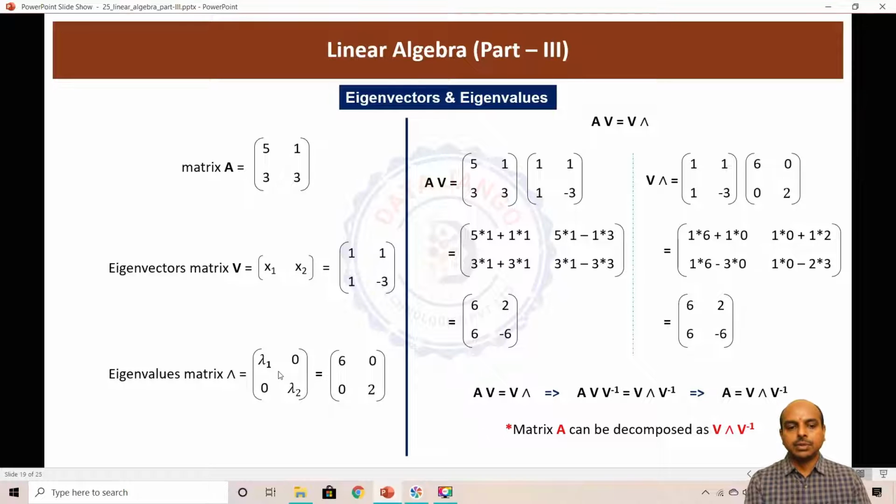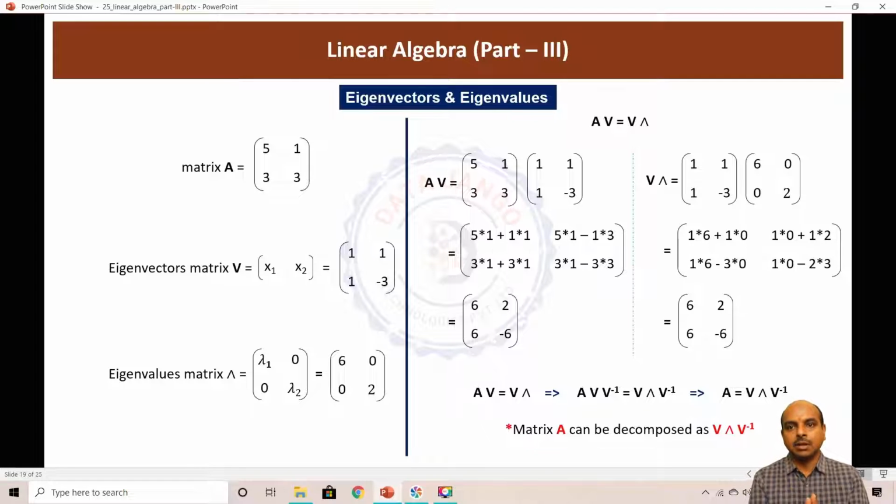So if you say lambda 1 and eigenvector 1 are a pair, you are saying that eigenvector 1 extracted 6 quantity, and eigenvector 2 extracted 2 quantity. The eigenvalues are quantifying and the eigenvectors are extracting the essence. We need to remember this. In principal component analysis, this is the major point.